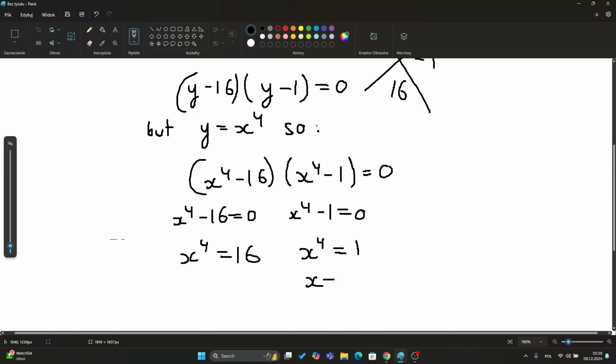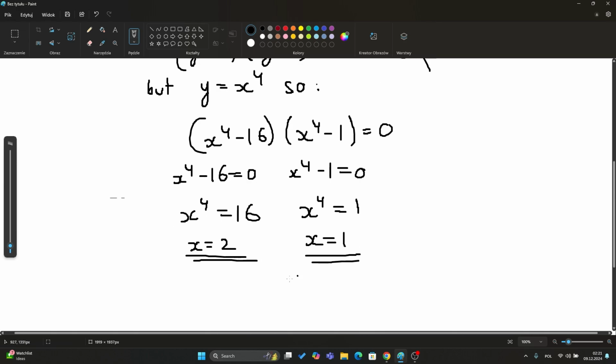So here x equals 1 and then here x equals 2. We can also have x equals negative 2 and x equals negative 1. So usually we have 4 roots when we have power of 4.